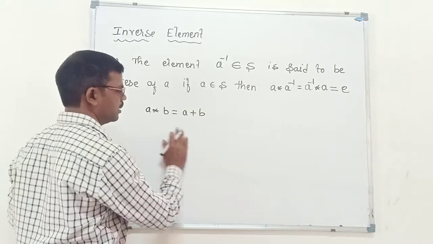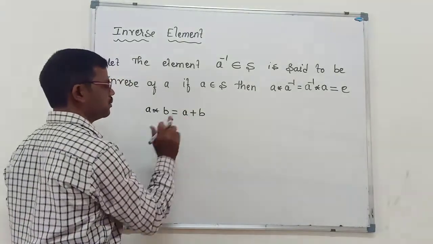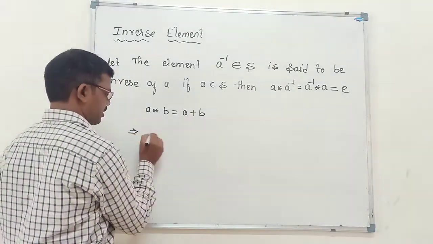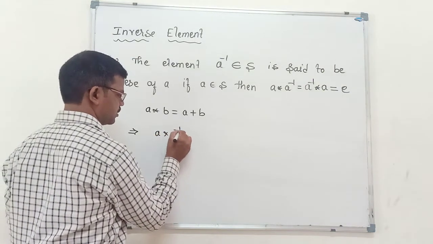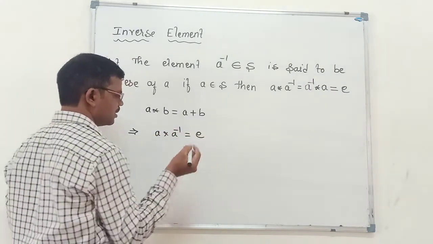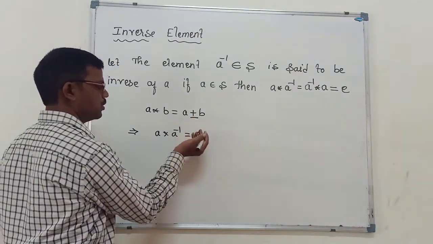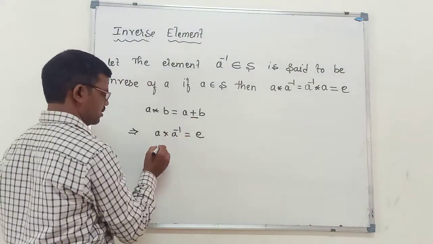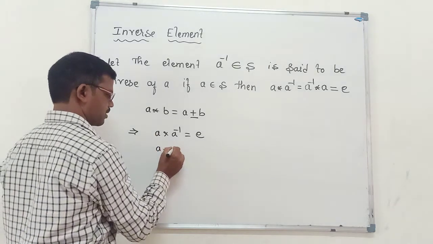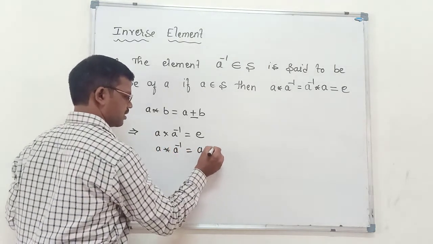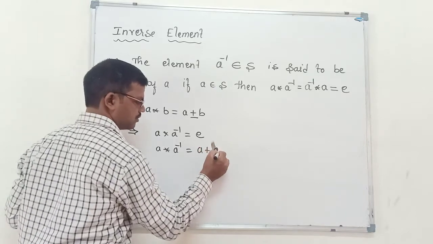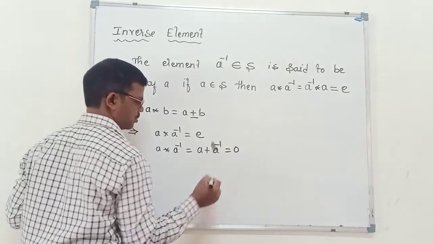Let me find out the inverse element of this. Let A star A inverse be equal to E, the additive identity, which we know is 0. Then A star A inverse is equal to A plus A inverse is equal to 0.